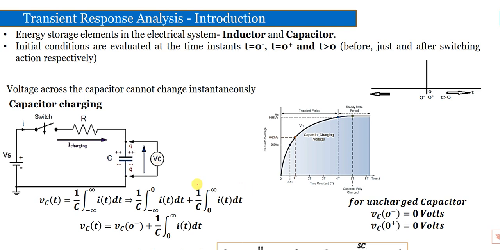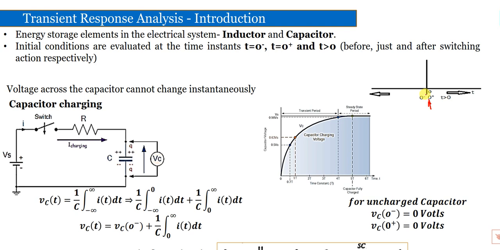The time constant tau is equal to RC. And the time is actually divided into three parts here. This is the x-axis. At t equals 0, the switch is closed. The point where the switch is closed is called t equals 0 plus.